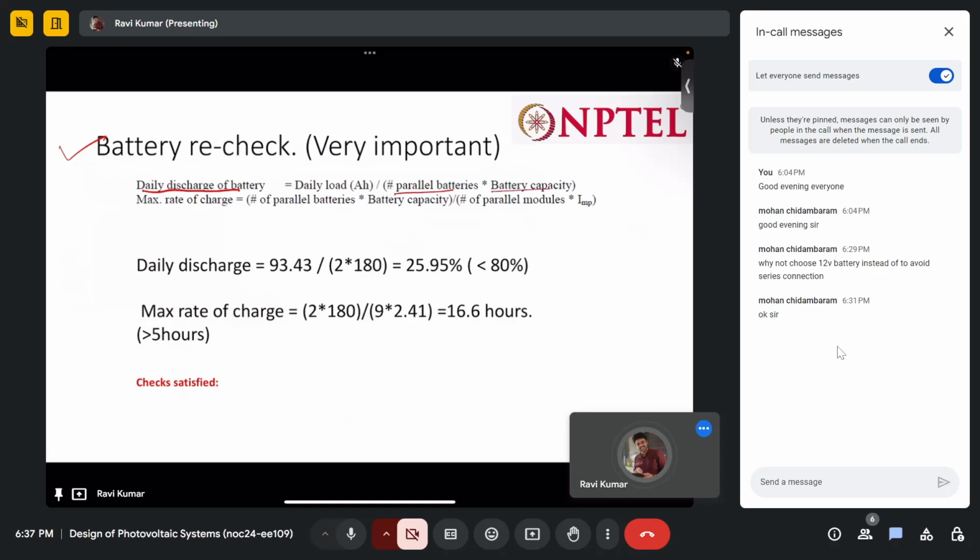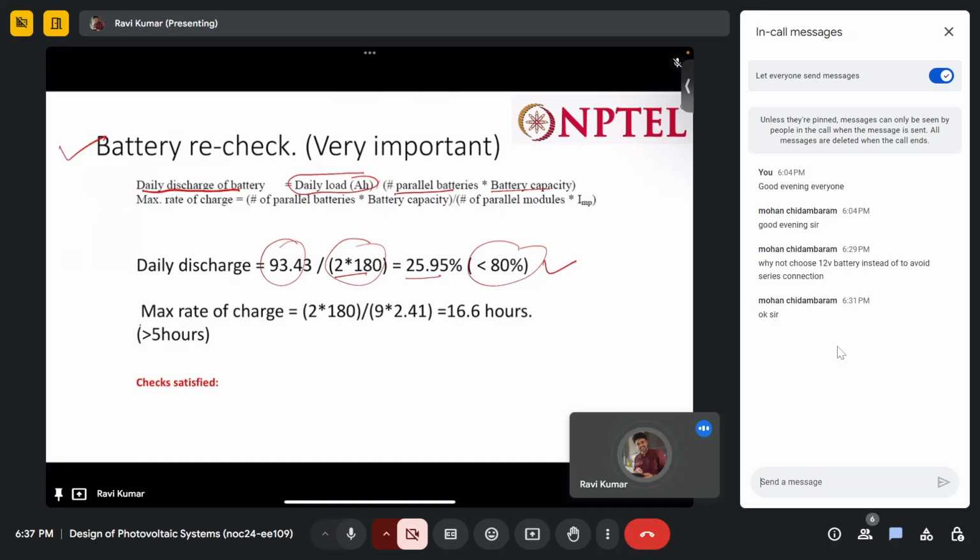Battery capacity is 180, and this is the daily load which we require. If we divide this daily load by the actual battery capacity, we get 25.95%, which is less than 80%. Yes, so it is right. It should be less than 80% because 80% is the DOD.